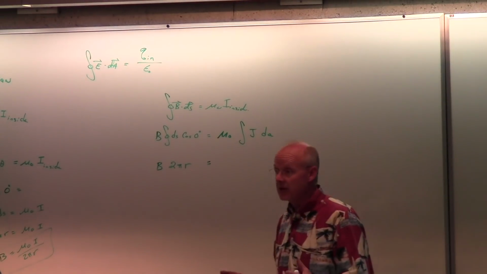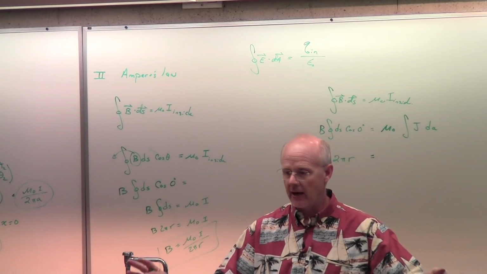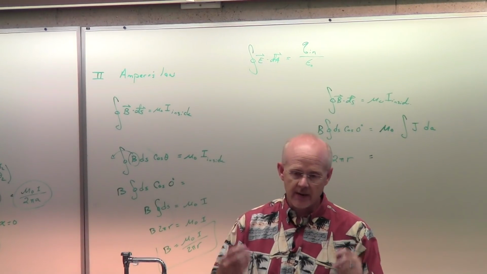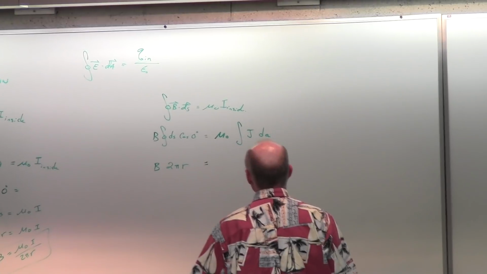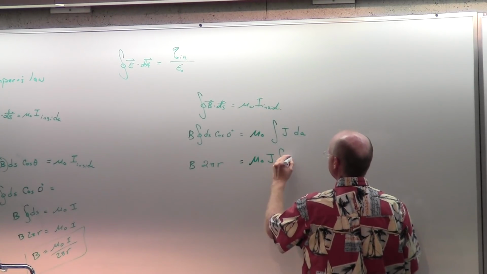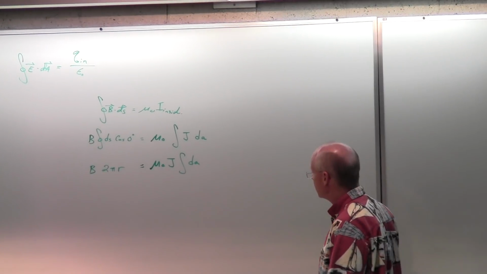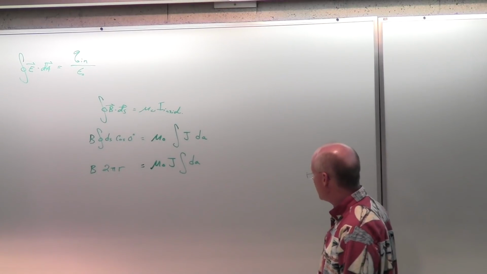Now, in the easiest case, and Don said this is what he did, the current would be uniformly spread out in that wire. So what would I say about the current density? The constant, right? And so I would just pull the J out in front.